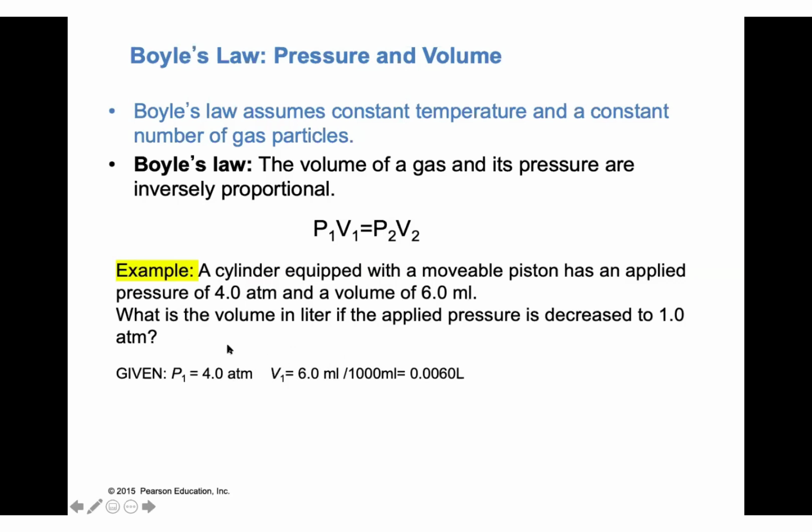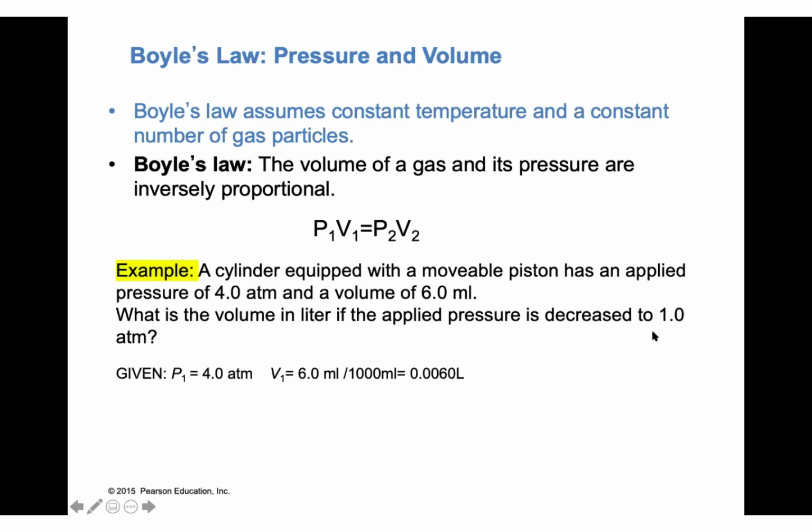Then it's asking what the volume is in liter if the pressure is decreased to 1 atmosphere. It gave us one side already, the pressure and volume, so we write it on one side. The other one says decreased, so it talks about stage 2.